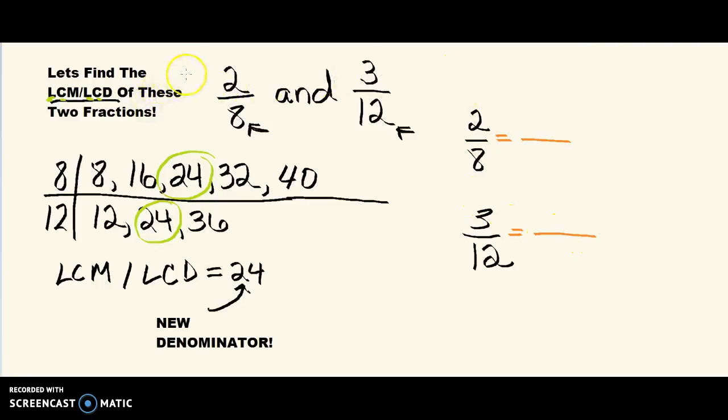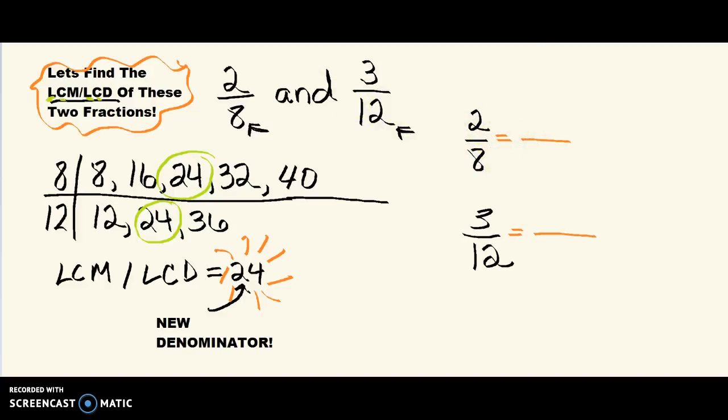Now, when we first started, we said that we're looking for the least common denominator in these fractions. Technically, we just did that. It's 24. There are certain word problems where you have to find the least common multiple or least common denominator, and I will do some videos on that later.